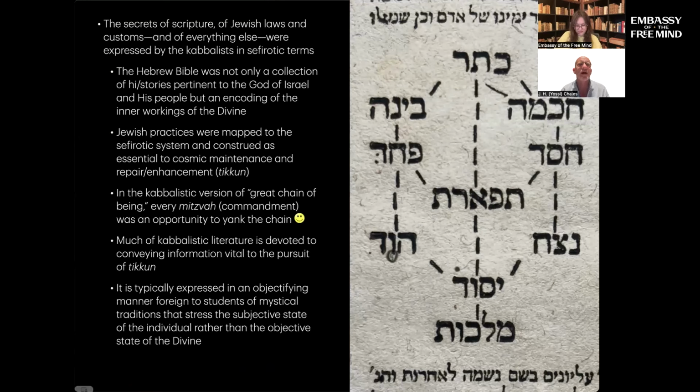The secrets of scripture, of Jewish law and customs, and really of everything, then became expressed in the Kabbalistic tradition in Sfirotic terms. Once you have this way of reading everything through the lens of the 10 Sfirot, things look a bit different. So the Hebrew Bible becomes not just a collection of stories about the God of Israel, the people of Israel, but a revealed text in which the inner workings of the divine have been encoded.